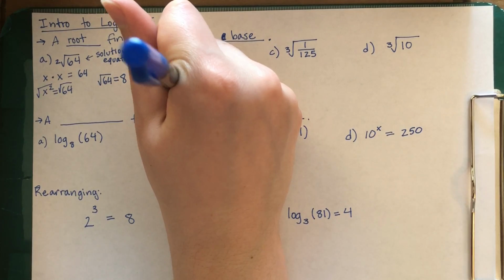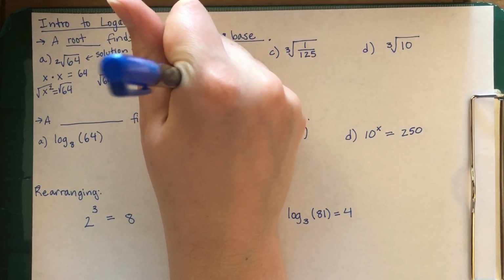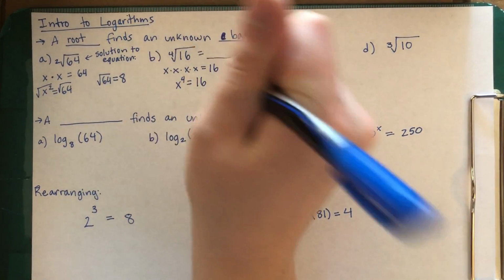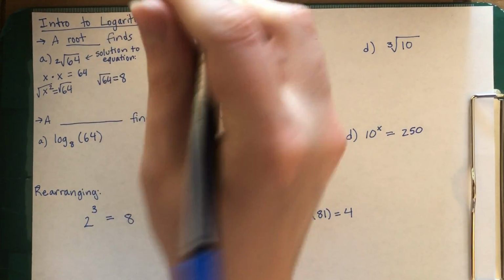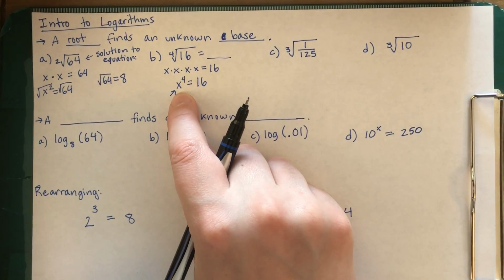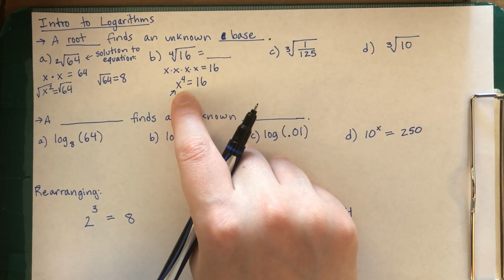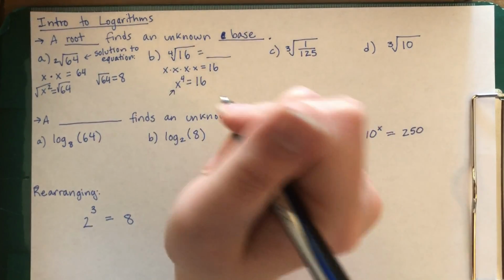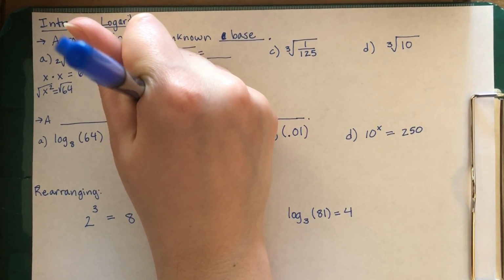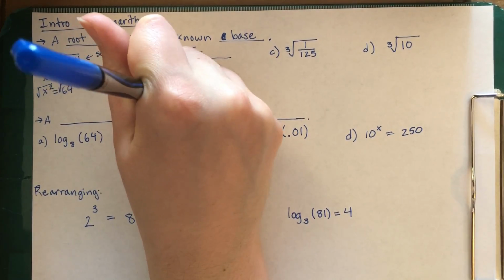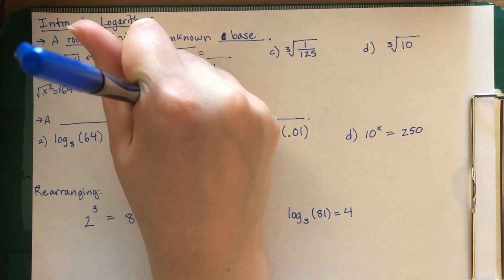And I could write this equation as x to the 4th equals 16. So in this case, the x is acting as a base, meaning it's the thing that has an exponent. And we don't know what x is yet. So this is an unknown base.